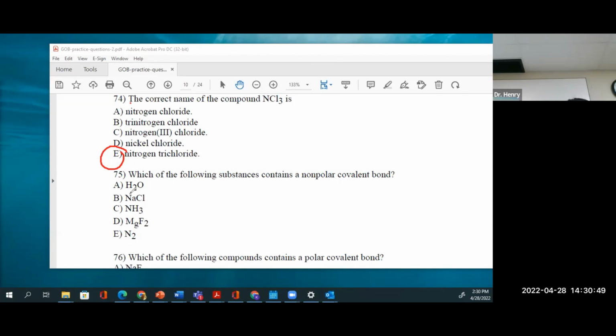NaCl is an ionic bond, right? And magnesium fluoride is an ionic bond. So then we have these three choices. If you have two of them that are exactly the same, is one going to be pulling more than the other? No. So we know the correct answer is the one with identical atoms. Makes it easy, right?